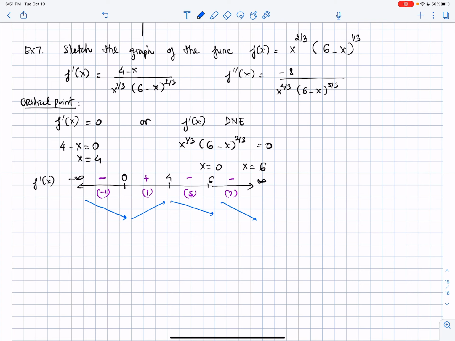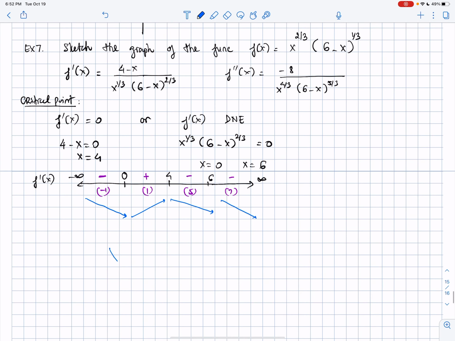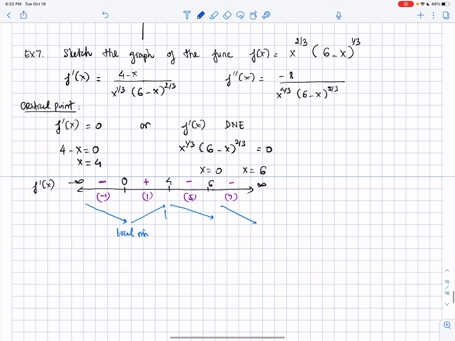We use the first derivative test: when the sign changes from negative to positive, we get a local min. And at 4, from positive to negative, we get the local max.